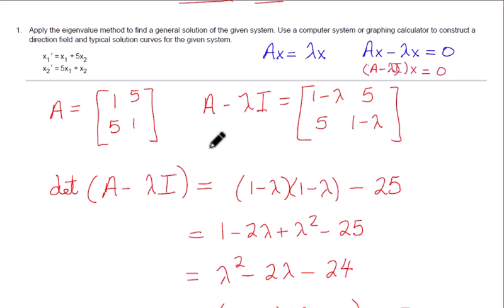So when we look for these eigenvalues, we form the matrix A minus lambda I. We essentially take 1 minus lambda, 1 minus lambda. To find the eigenvectors and eigenvalues, we start by forming the determinant of this matrix: downward diagonal minus the upper diagonal.